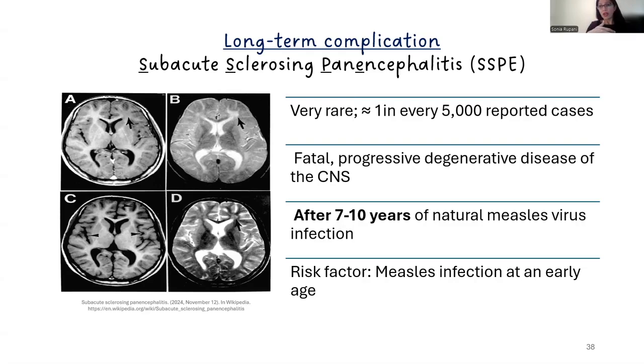Finally, stage 4 is decorticate posturing and becomes a vegetative state. Most patients die by the time they reach stage 4, but that could happen anytime between stage 1 to 4. So it's very, very serious. It's a progressive degenerative disease. And again, over here, we can see the cortical atrophy in this patient. This is an early stage and a later stage imaging finding.